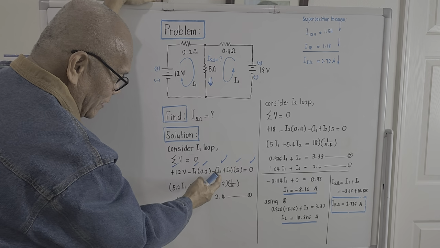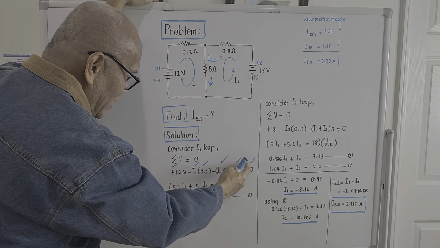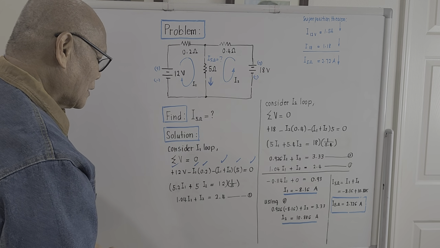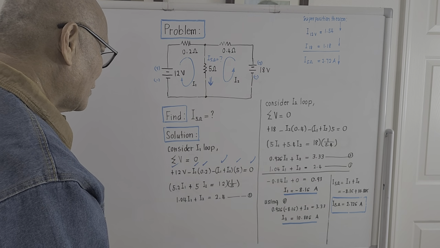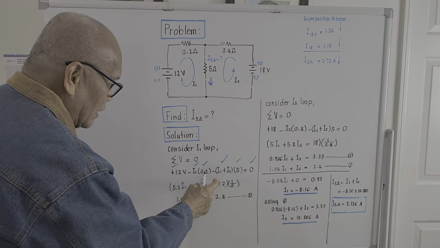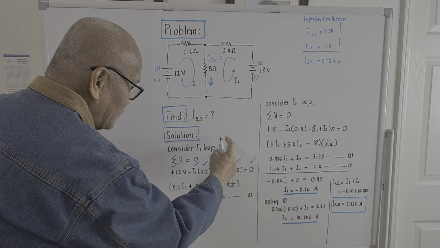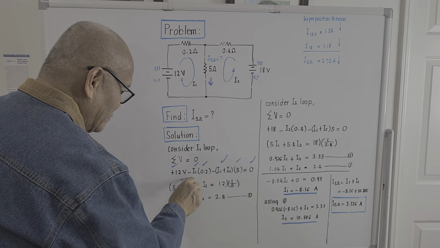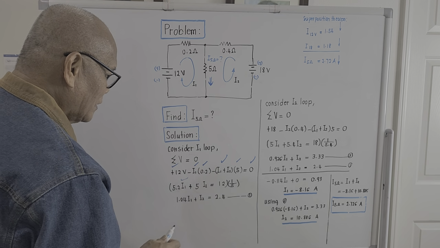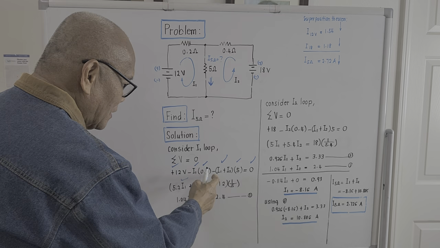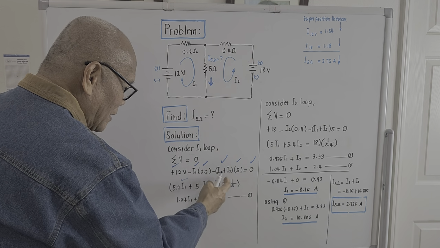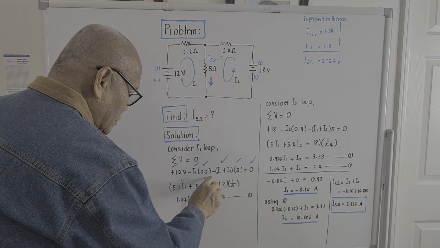This will become minus 5 I sub 1, right? I sub 1 times 5 will be negative 5, plus 0.2, that will be 5.2 I sub 1. I expedite a little bit. And negative 5 times I sub 2 will just be simply 5 I sub 2.